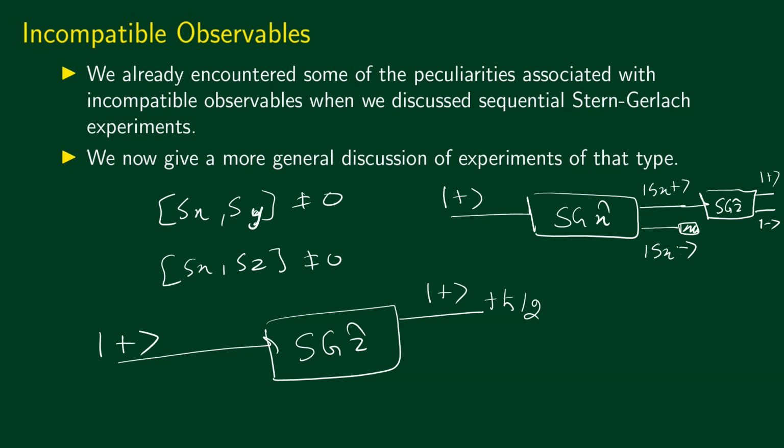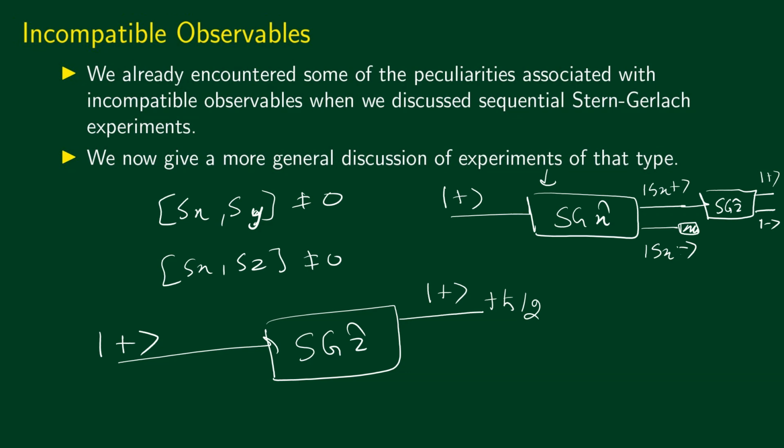Now before, if I don't include this SGx hat apparatus here, this is the result I get. The information is still there. If I pass it through SGz hat any number of times, I'll always get only beams characterized by ket plus, or the eigenvalue plus h bar by 2 along the z direction.